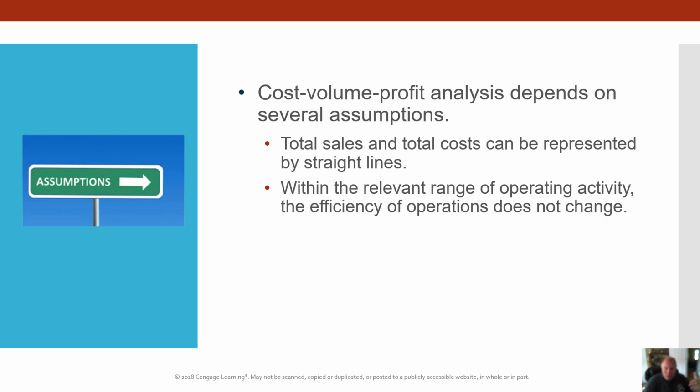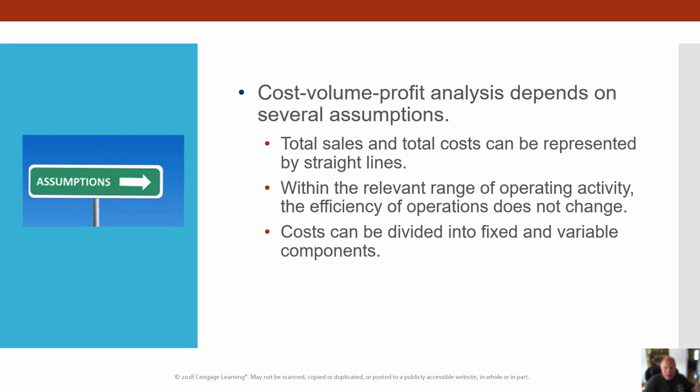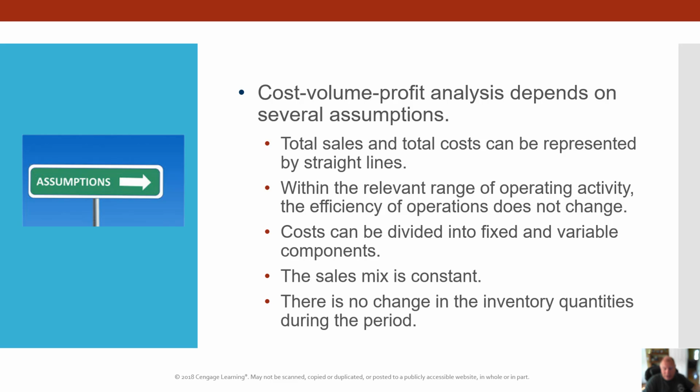Okay, all those charts we've been seeing have been based on this, and that you can divide cost into fixed and variable components. The sales mix is constant, and there is no change of inventory during the period. So these are all assumptions that are made.